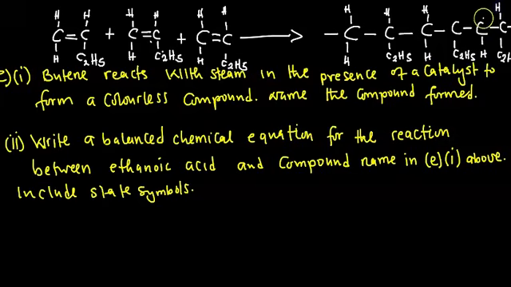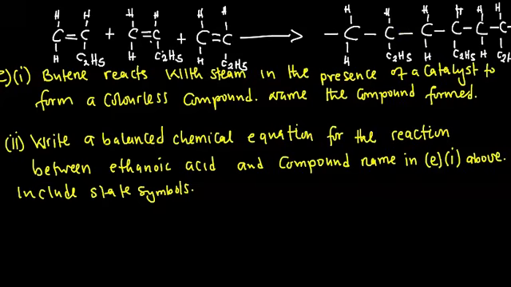On top here hydrogen. So right here is the polymer of but-1-ene showing 3 repeating units.